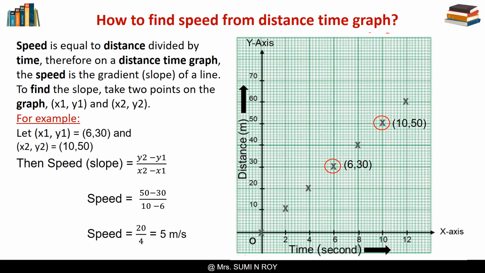The formula to calculate slope is (y2 minus y1) divided by (x2 minus x1). Substitute the values in the given formula and after calculating we will find the speed.